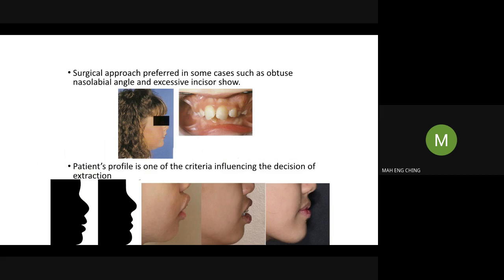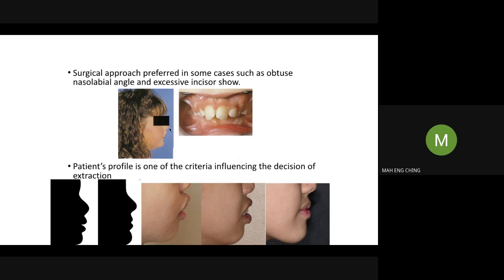As for the surgical approach, usually it is for severe cases where the patient is not growing anymore. The surgical approach is preferred in some cases, such as an obtuse nasolabial angle and excessive incisor show. The angle between the nose and the labial surface of the upper lip is called the nasolabial angle. The normal angle is about 90 to 110.